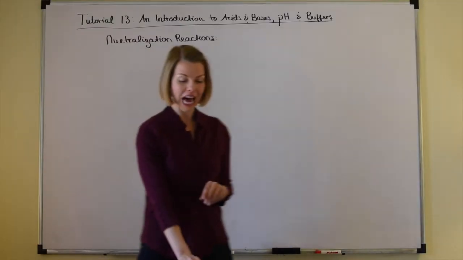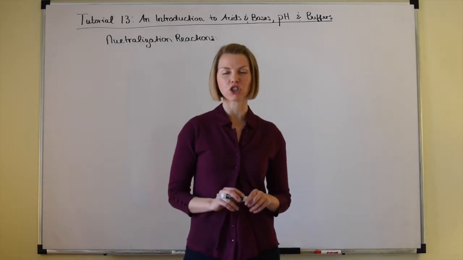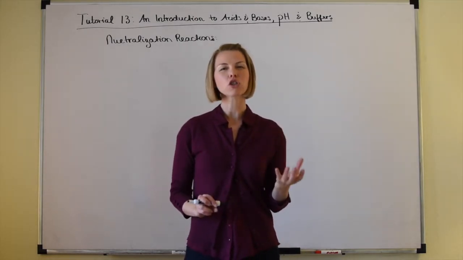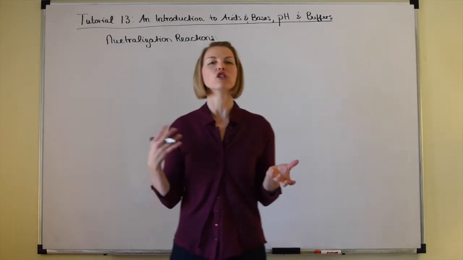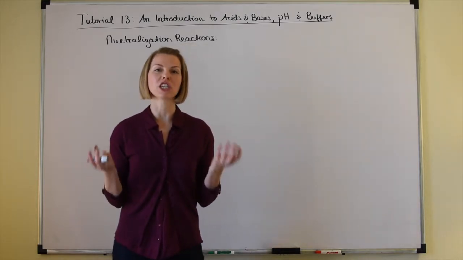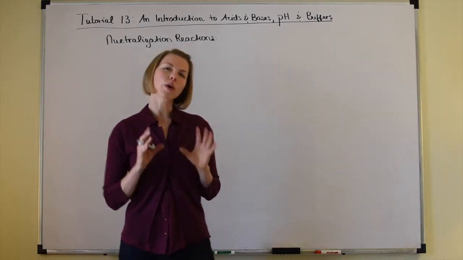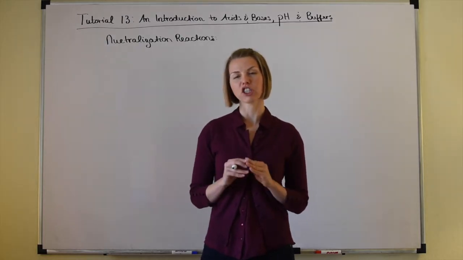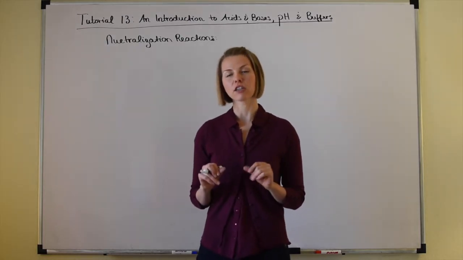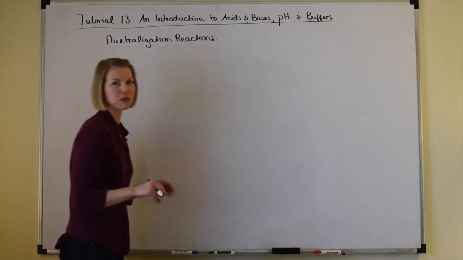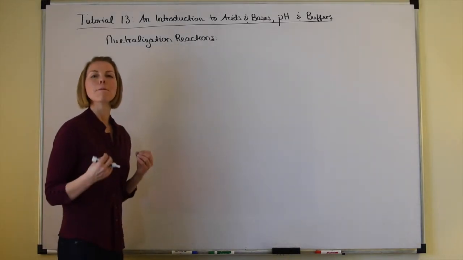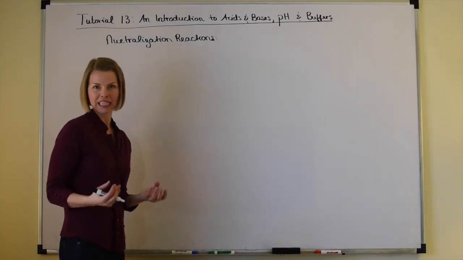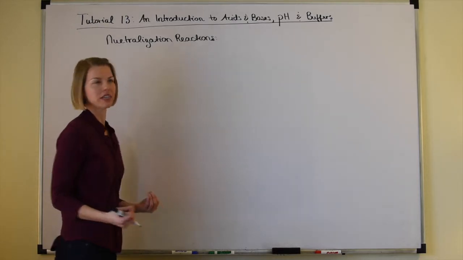We are on slide 4, neutralization reactions. A solution of acid will neutralize a solution of base. We're going to talk about a very specific type of neutralization reaction today. We are just going to look at neutralization reactions occurring between an acid and a metal hydroxide base in an aqueous solution.